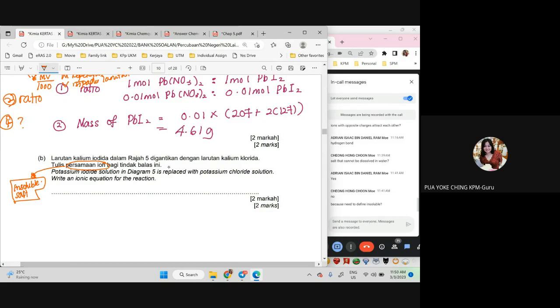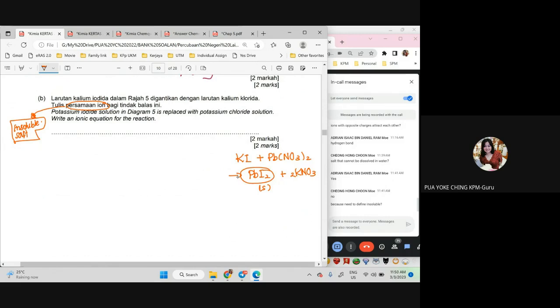So, kalau tadi cikgu ada KI tambah Pb(NO3)2, cikgu dapat PbI2 tambah KNO3. So, ini ialah saya punya insoluble salt, solid. So, my ionic equation will become PbI2. Macam mana dapat PbI2? Datang dari Pb2+ plus dengan I-. So, 2, 2.